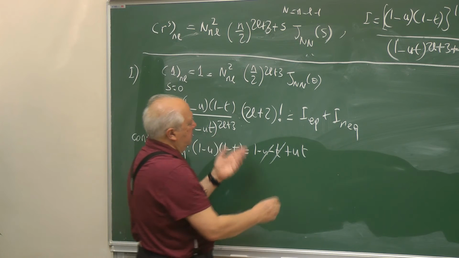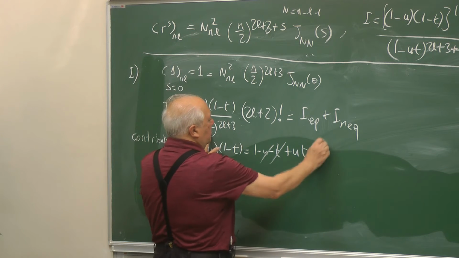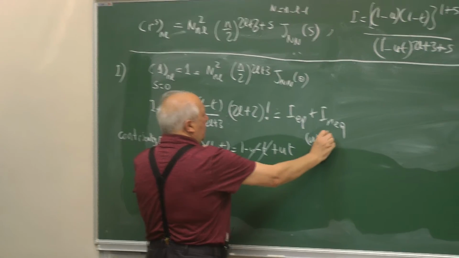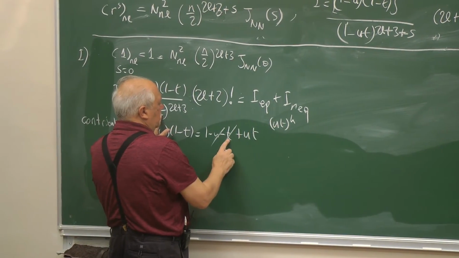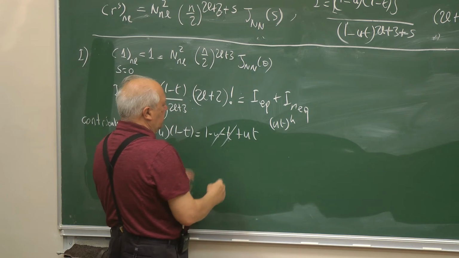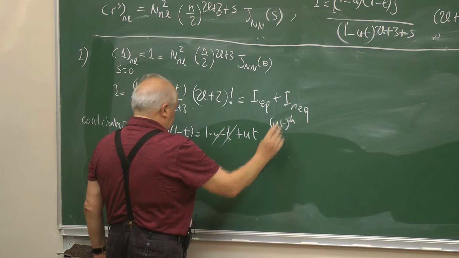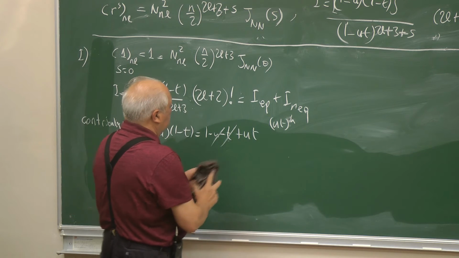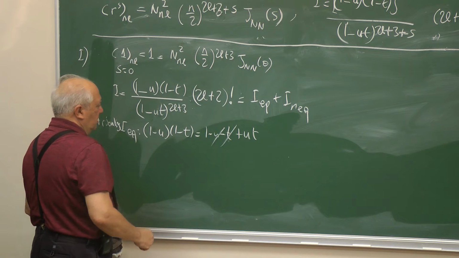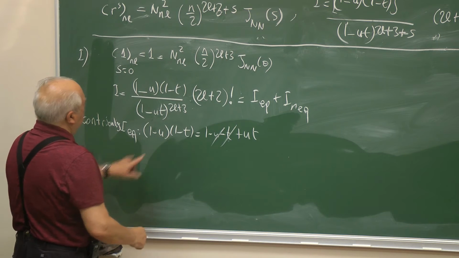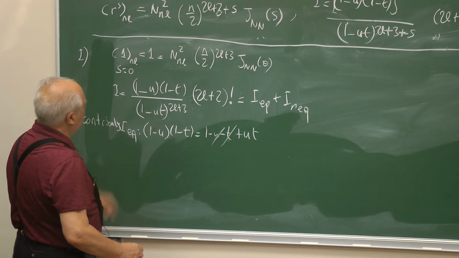When you expand it, UT to the K times U will make it U to the K plus 1, and times T will make it T to the K plus 1. So we do not include them. And so the contributing part will be 1 plus UT. All right, 1 plus UT will multiply this.